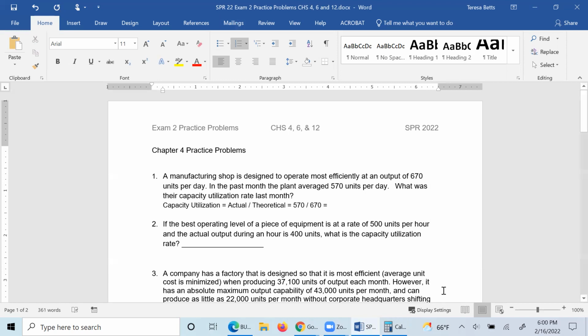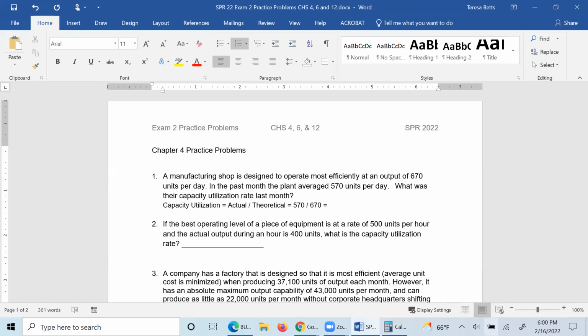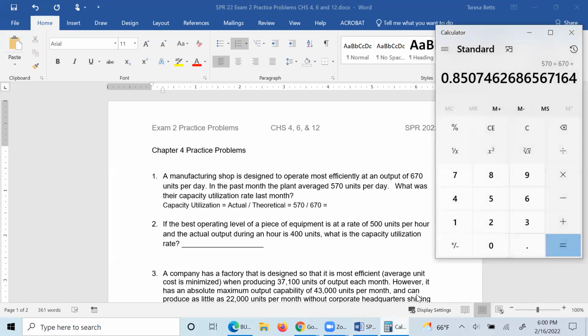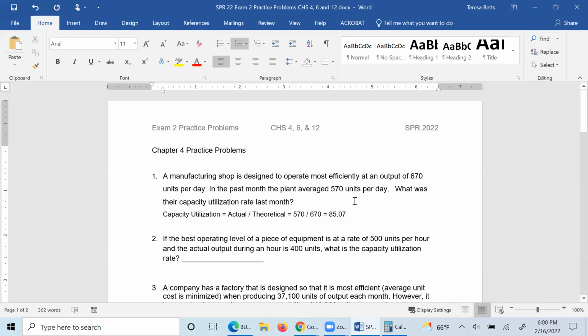So I'm going to take 570 and divide it by 670, and that gives me 85.07% capacity utilization. So that's actual capacity divided by theoretical.